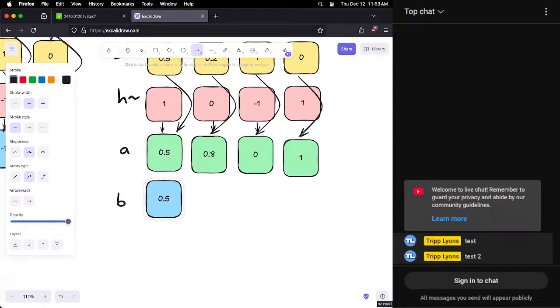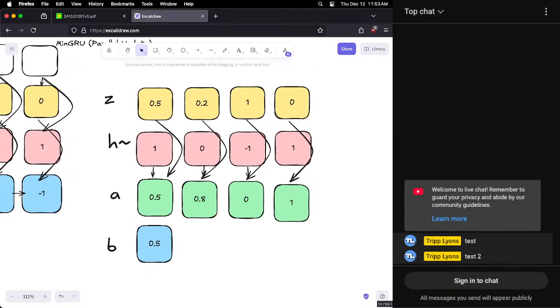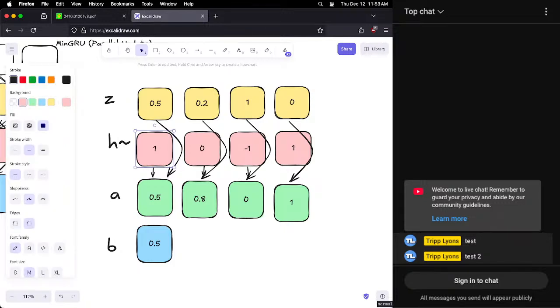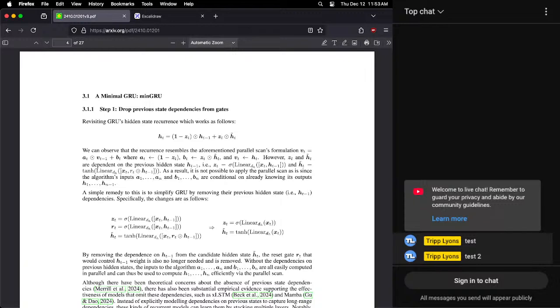Okay, so B is initialized as Z times H bar, right?